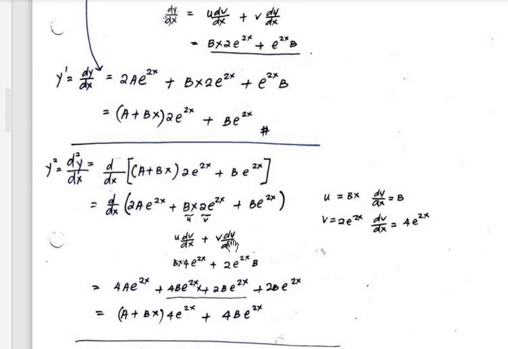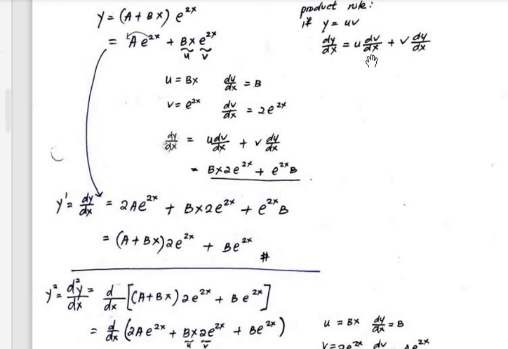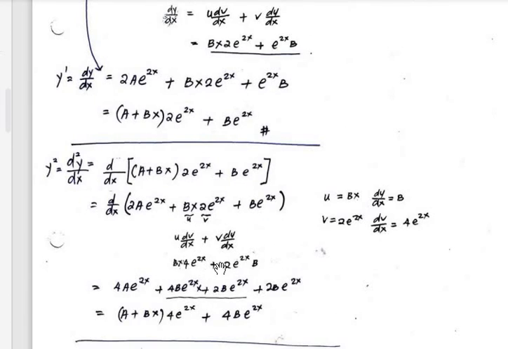So you substitute in the same method as I told you just now, the formula u dv over dx plus v du over dx. That is why you get bx as u, dv over dx is 4e^(2x), and then plus v is 2e^(2x), du over dx is b. Okay, we get this one.